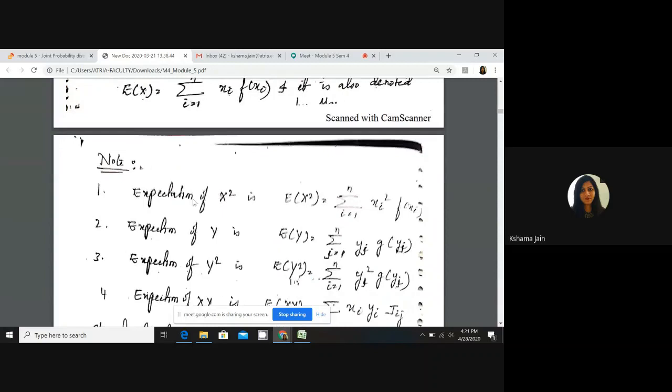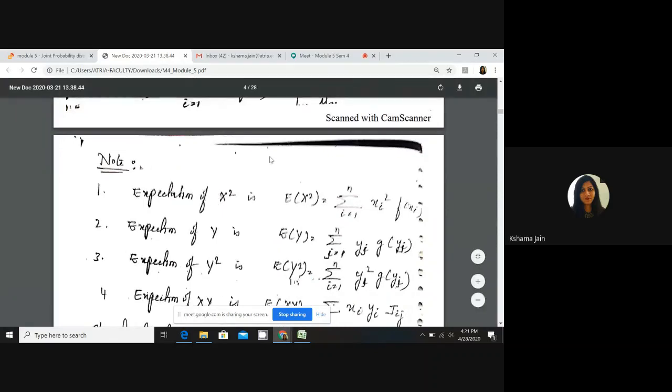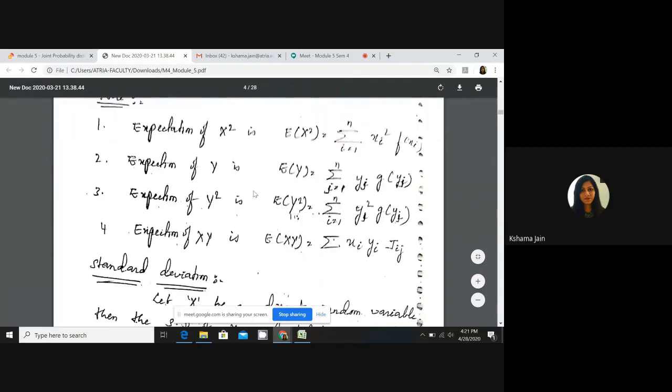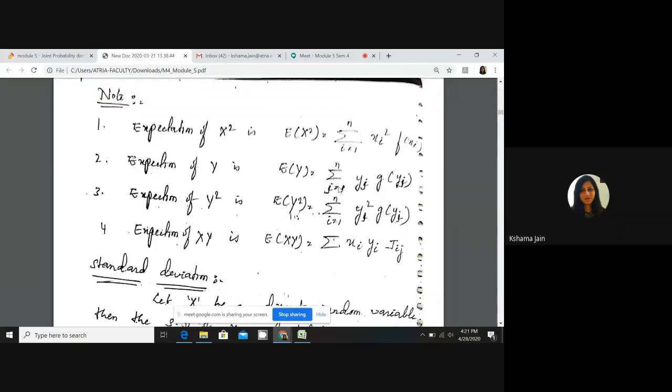The expectation of X square is simple in the formula: just x is replaced by x square into f(xi). The expectation of Y is a summation. Here summation is also there. When you take a table, after taking all the addition, that will be the expectation. So yi, g(yi), and y square for y square.